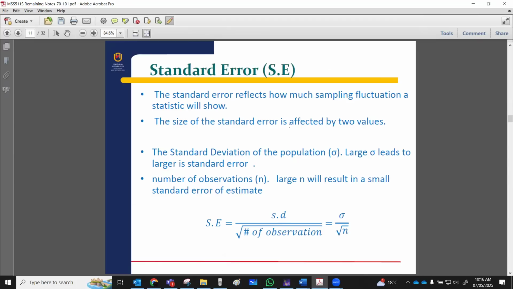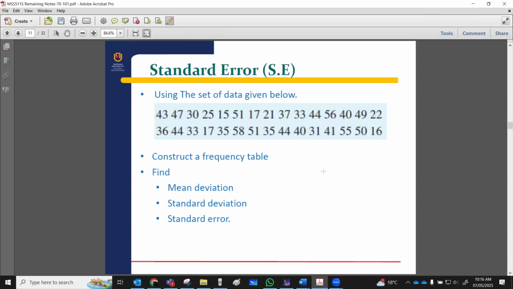A large sigma, which is the standard deviation of the population, leads to a larger standard error and also the number of observations. So our standard error is just equal to the standard deviation divided by the square root of the sample size. So the bigger the standard deviation, the bigger the standard error; the bigger the sample, the smaller your standard error because you are dividing.